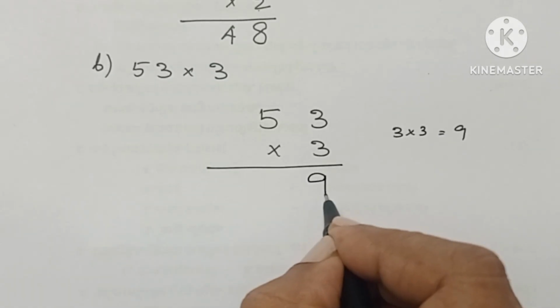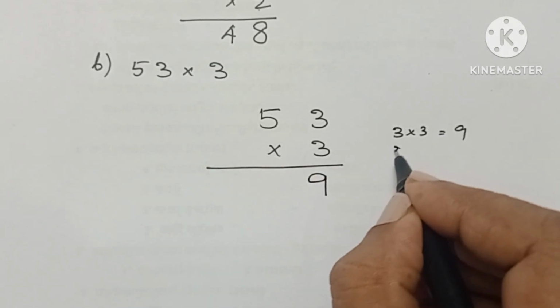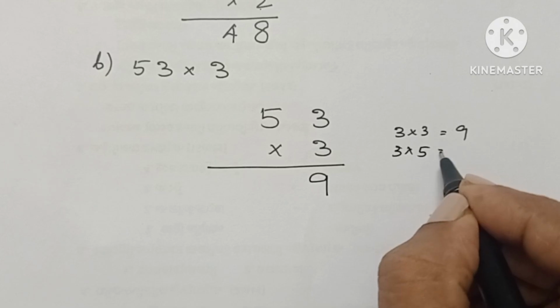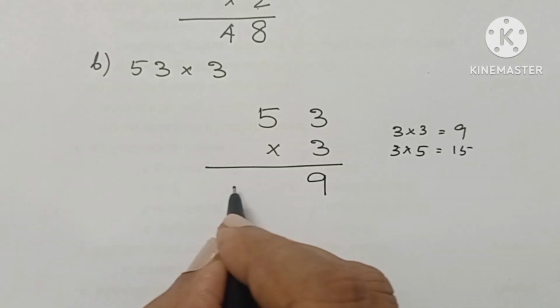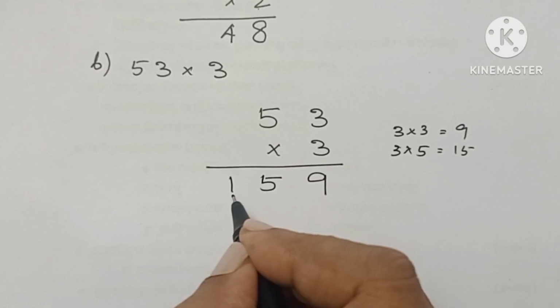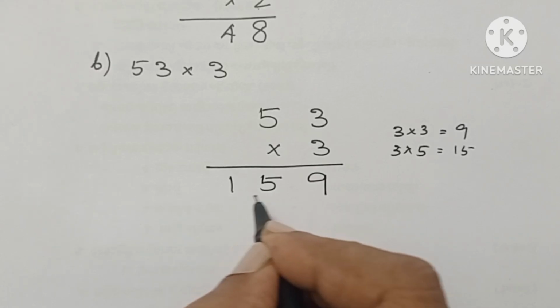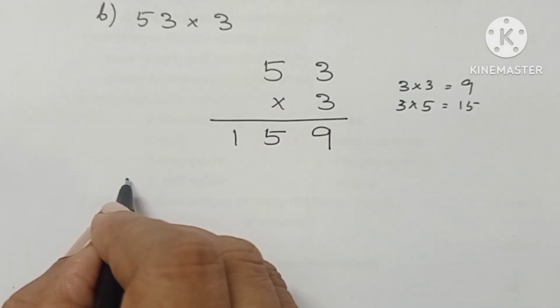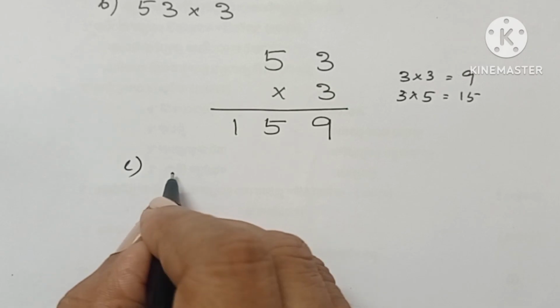Writing in the ones place, and 3 into 5, that is 15, we are writing here. The answer is 159.